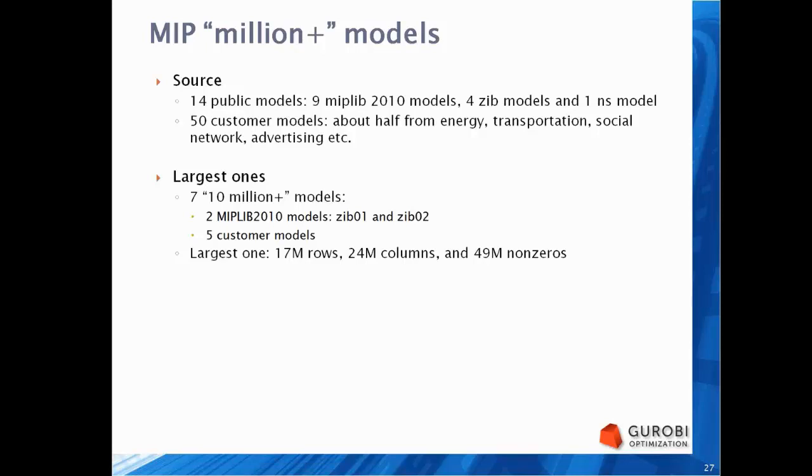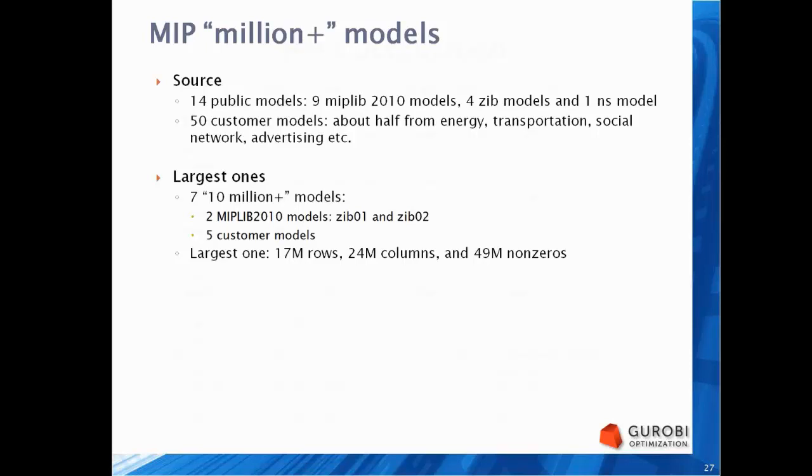We also get 50 from customer models, and we continue getting more, from energy, transportation, and social network advertising. We have 10 million-plus models, 2,000 models, and 5 customer models. The largest one has 7 million constraints, 24 million variables, and 49 million non-zeros.